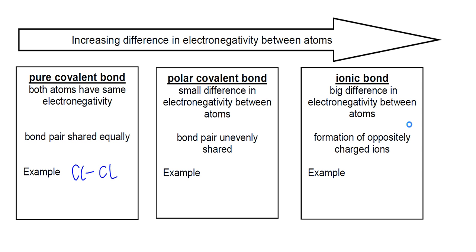The bond pair is exactly in the space between the two atoms. It's exactly in the middle. If I get a small difference in electronegativity between two atoms, for example hydrogen and fluorine, I'm going to get a polar covalent bond. The bond pair is being shared unevenly. It is being pulled towards the more electronegative atom, making that end of the bond more negative.